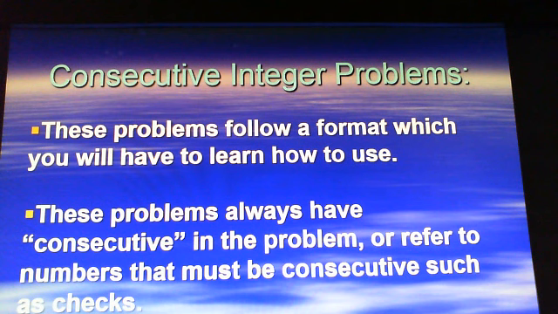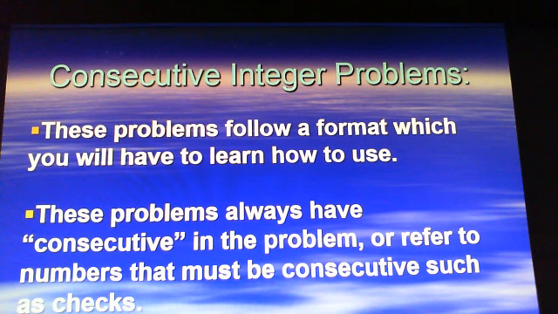So, all that to say, all word problems follow a format, and you just have to learn how to use that particular format. This format is different from a lot of other formats that we're going to go over. It's different from perimeter formats. It's different from distance formats.